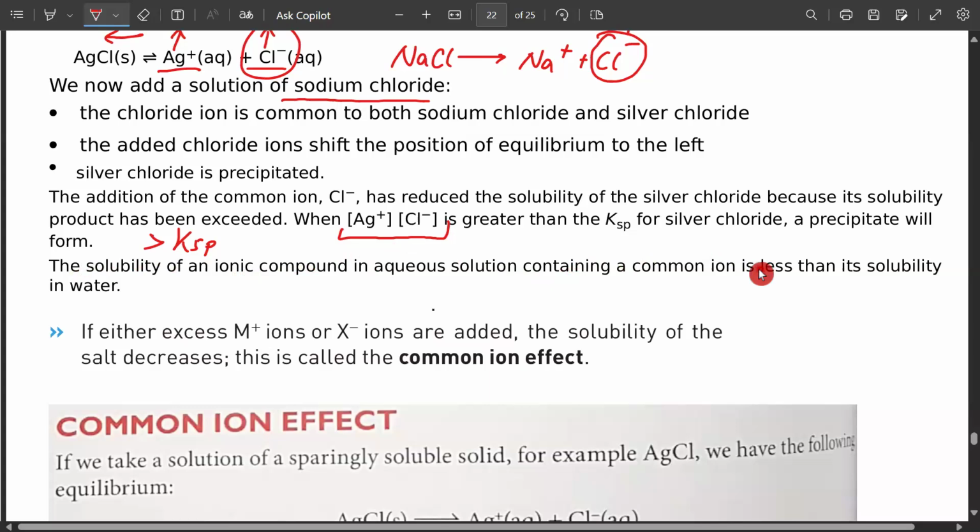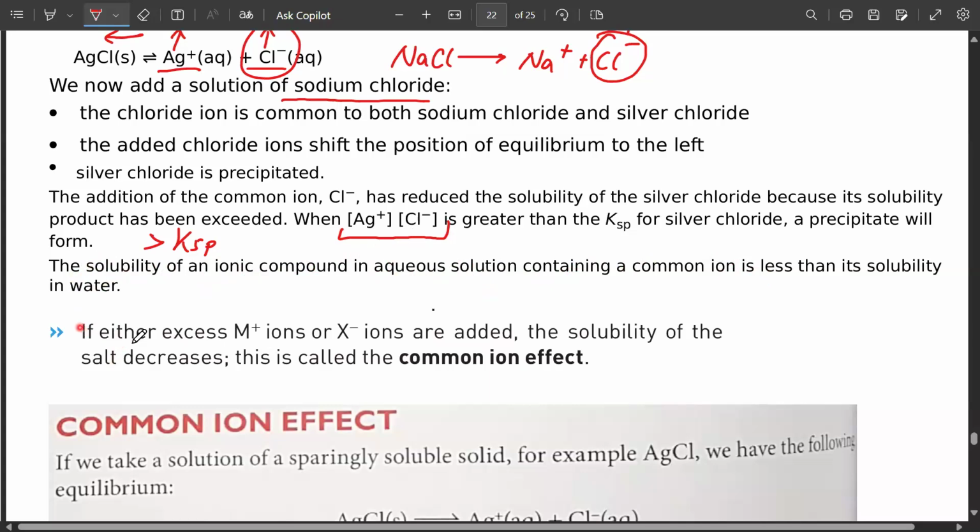So whenever we add a common ion compound into the previous compound, its solubility decreases. If you do not add any compound, then it will simply be the solubility in water. But if you add an aqueous solution of the same common ion, then definitely solubility will decrease.